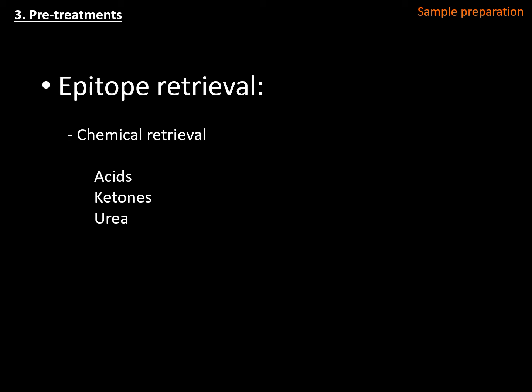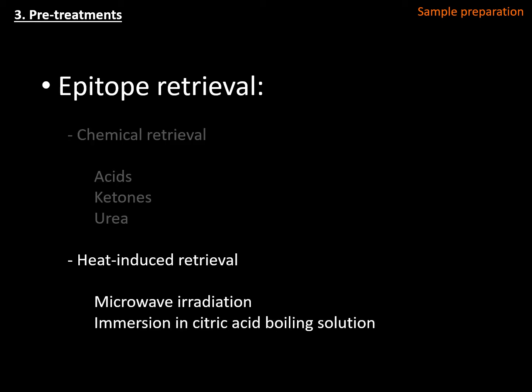For that, you can use chemical retrieval like using acids, ketones, or urea, or, which is very widely used, heat-induced retrieval, either by irradiating your sample with microwaves or immersing your sample in a boiling solution of citric acid for a given amount of time. Of course, any of these types of heat-induced retrieval are dependent on the time you take for them.